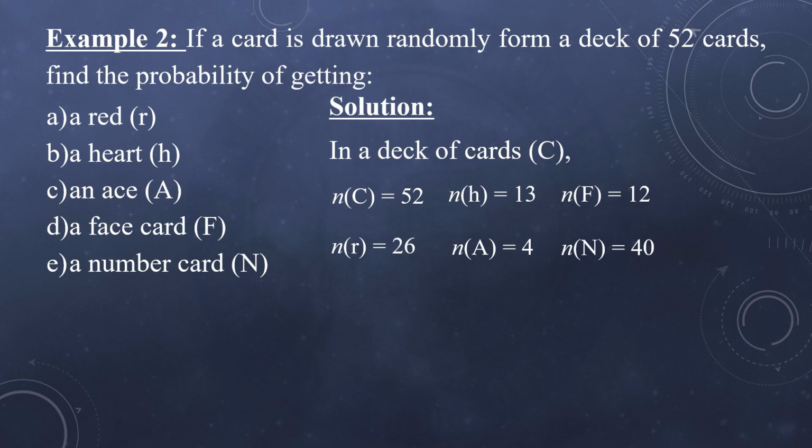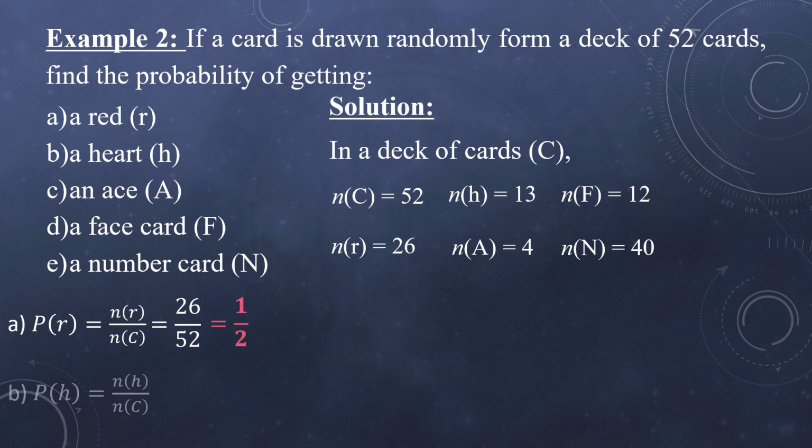So our solution to get the probability of getting a red card is P of R, or the probability of red card, is equal to the number of the red cards over the total number of cards, or 26 divided by 52 is equal to 1/2.